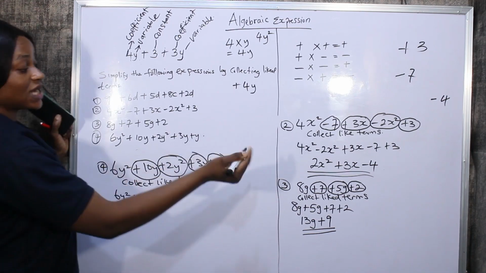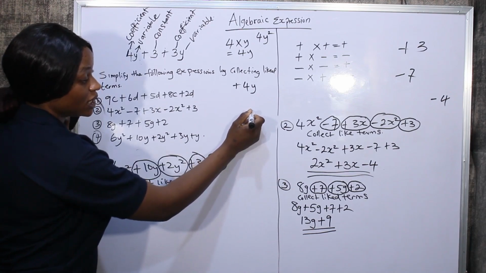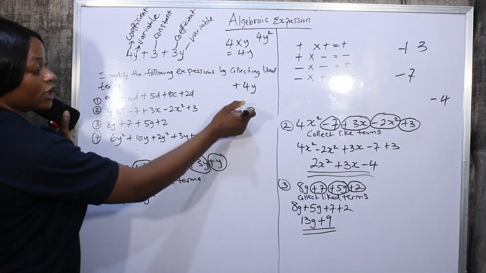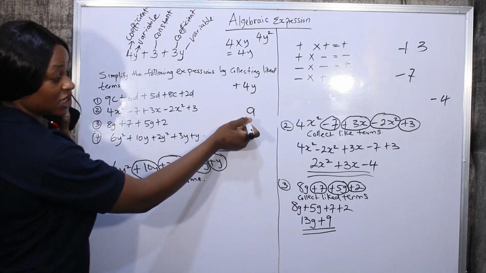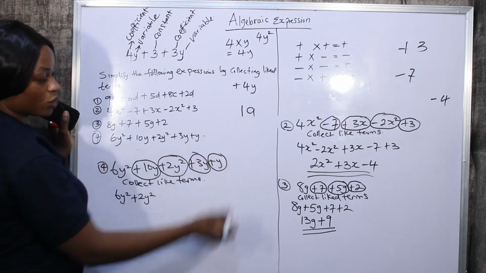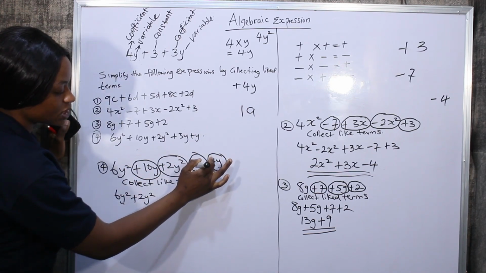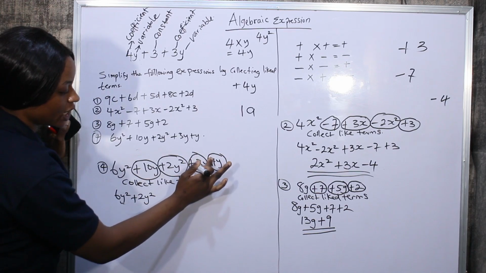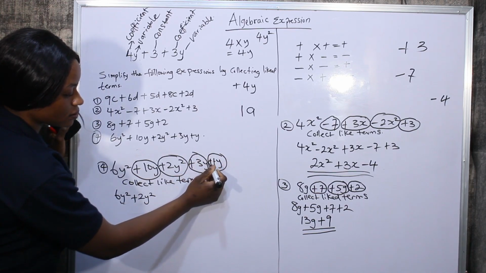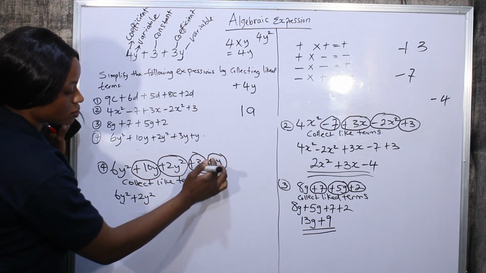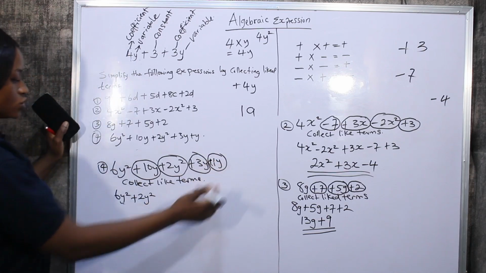Y. Note that any variable that is standing alone, let's say a, the coefficient of this a is what? 1. So you can come here and put 1 here so that you will not make mistake when adding. So 1y.